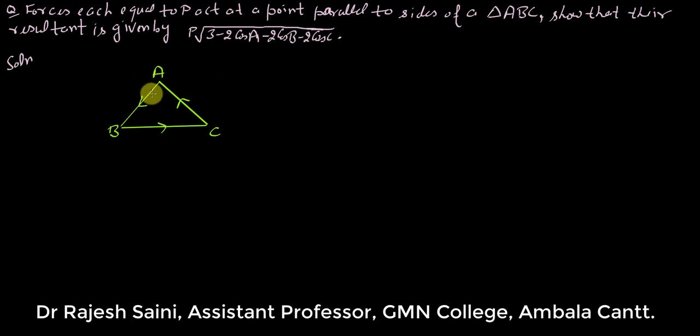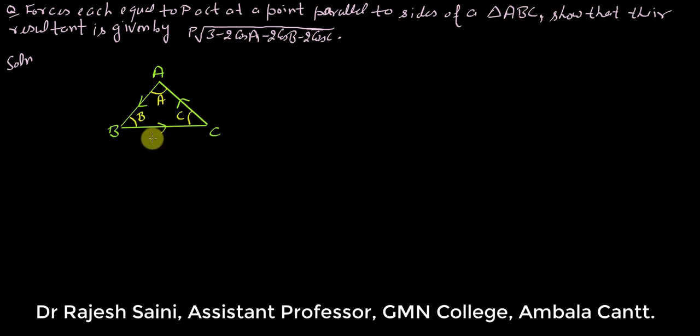These are the angles of the triangle. This angle is A, this angle is B, and this angle is C.